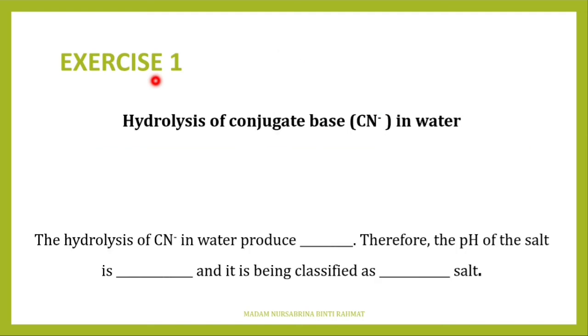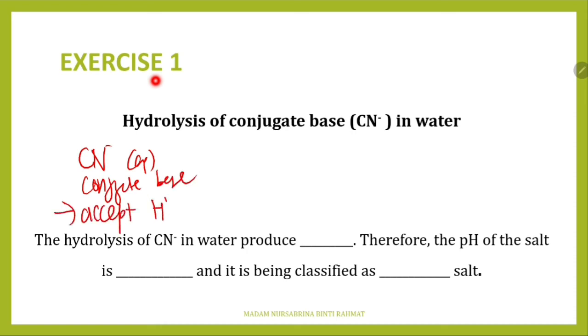Okay, so let's write down the hydrolysis of your conjugate base in water. So CN negative acts as a conjugate base. Any conjugate base will accept H plus according to the Bronsted-Lowry definition, reacting with water. Since CN negative is your conjugate base, your water will become the acid, partially dissociating.